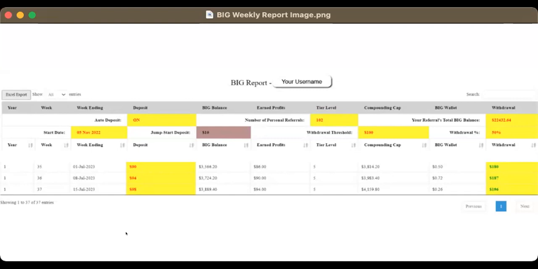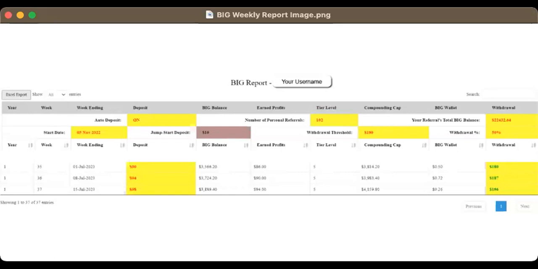Some of you may have seen this and wondered why you're seeing a negative figure in your earned profits category. That's why, because that part is coming out of the big balance, and it's either going into your internal wallet or it's being redeposited, depending on what you have your settings at.